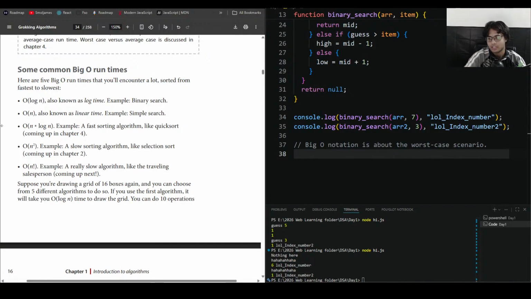Then O(log n), also known as log time, example binary search. O(n), also known as linear time, example simple search.